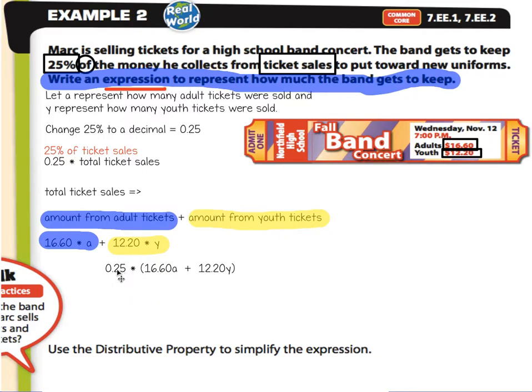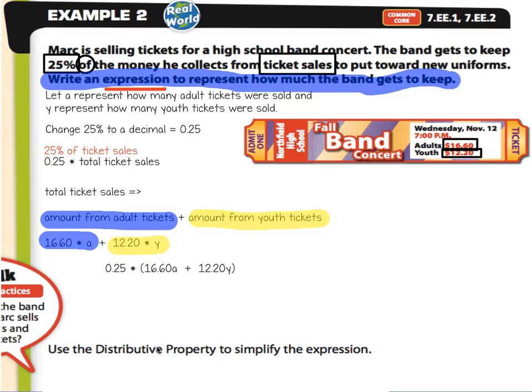If we didn't, we would do 25 hundredths and we would only multiply it by the 16.60, and then he would get all of the proceeds from the $12.20, and that's not how it works. He has to get 25% of this and 25% of this. So to make sure that happens, we put this inside the parentheses, because first we would have to find the total ticket sales.